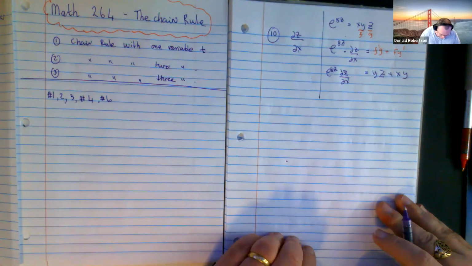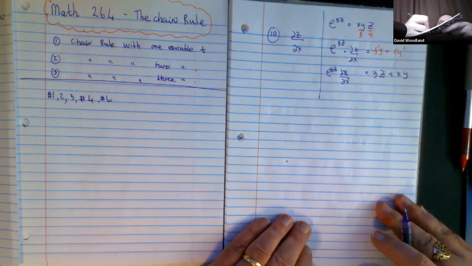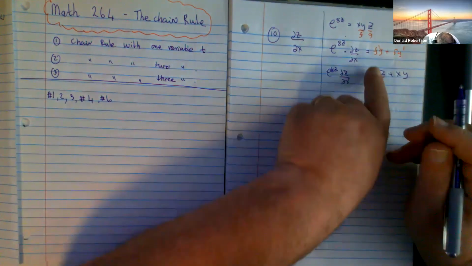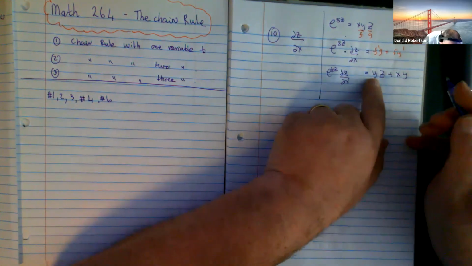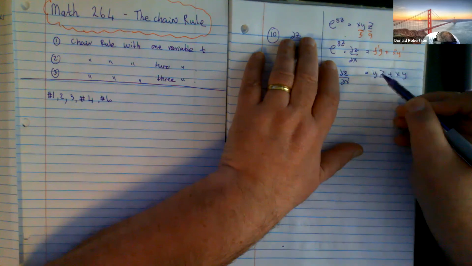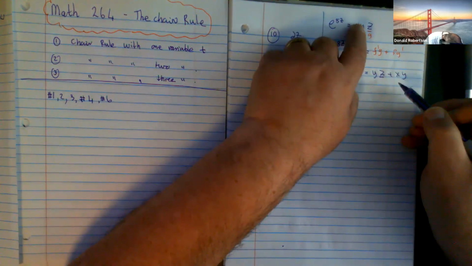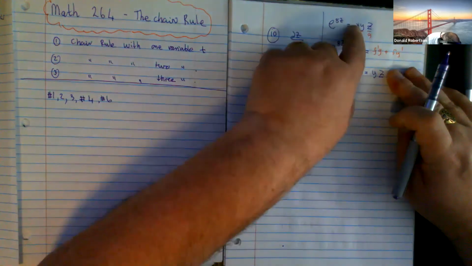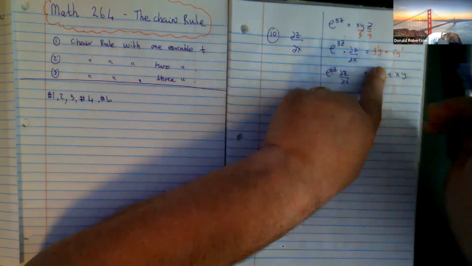Is that looking good? Right. Let's check on that. F dashed. If you differentiate that, yeah, we're good, right? The second one is g dashed.